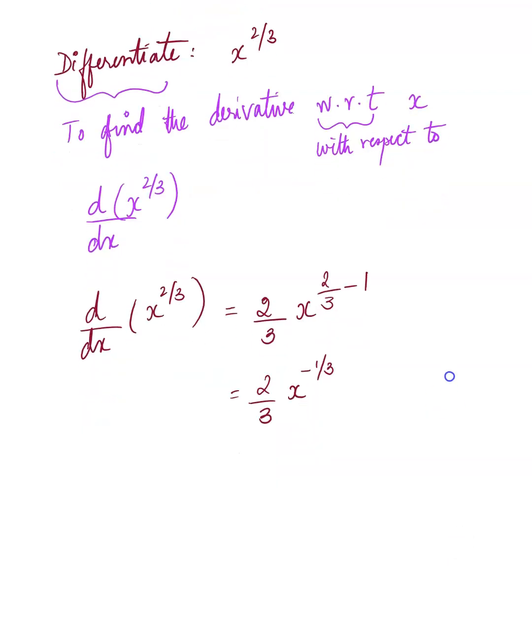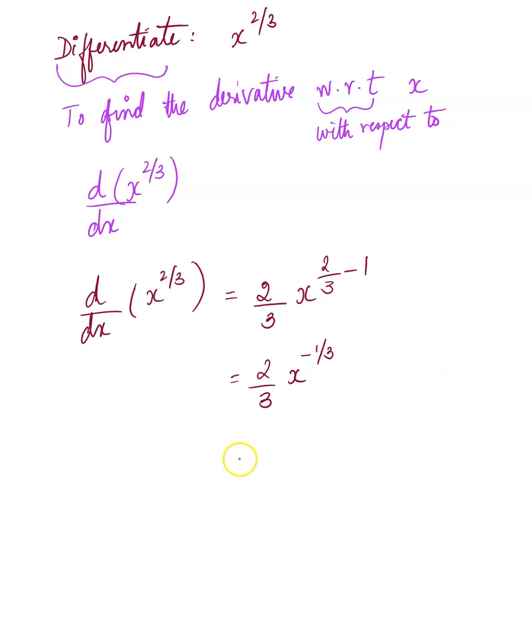But you know that in math, we do not like to express our answers with a negative exponent. So go to the rules, the laws of exponents. We have like 7, 8 laws. The laws of exponents tell us that for a negative exponent, you flip the base and change the sign. So the x moves to the denominator because it's in the numerator, it moves to the denominator, and then the sign becomes positive.